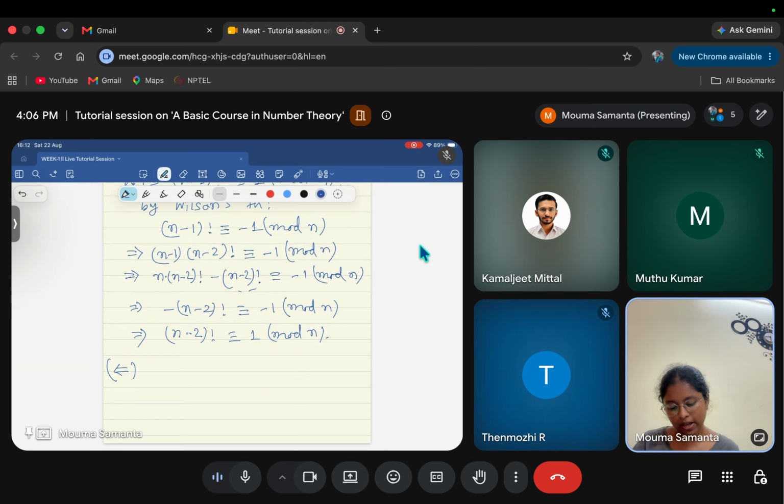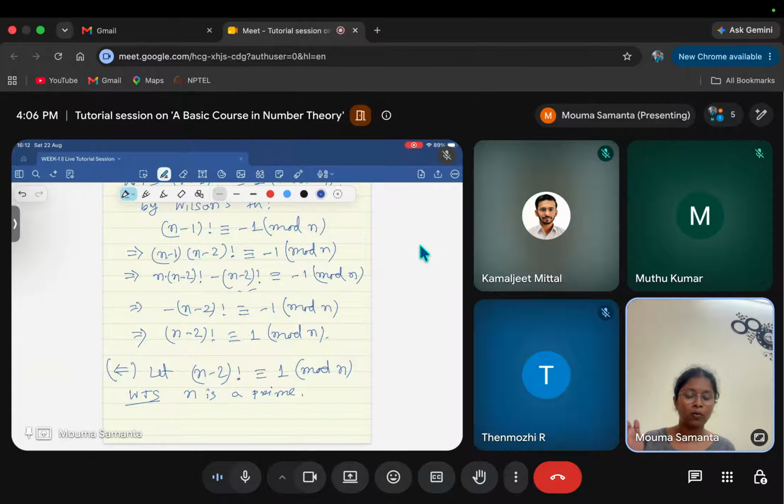So what we have to assume here: let n minus 2 factorial be congruent to 1 mod n. What do we have to show? We want to show n is a prime. So in this kind of question, how can we show that a number is a prime?